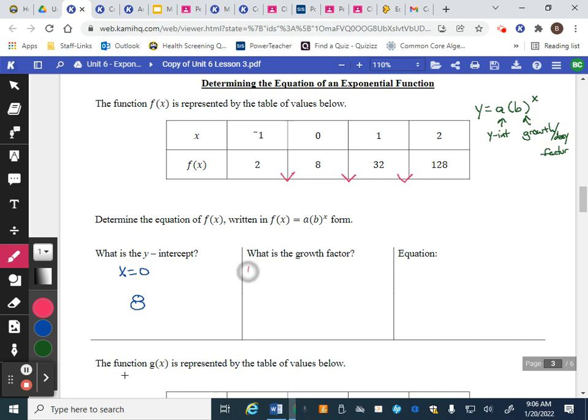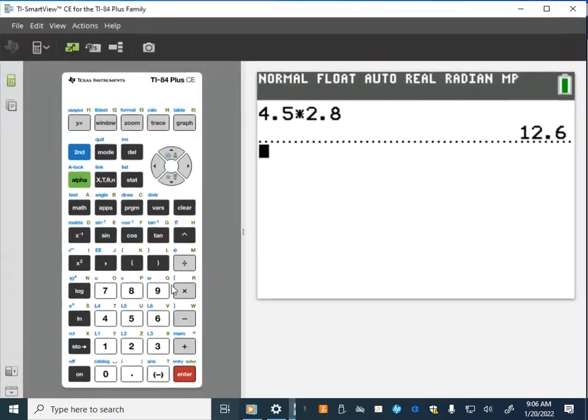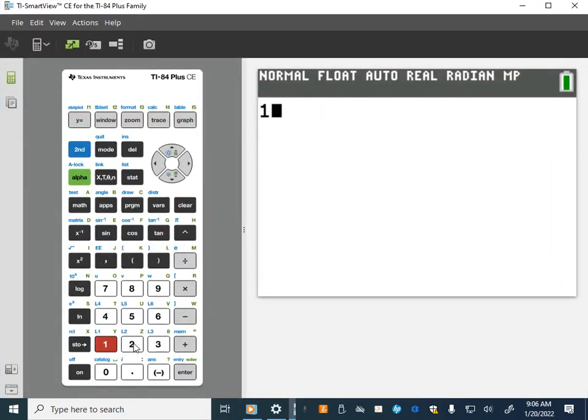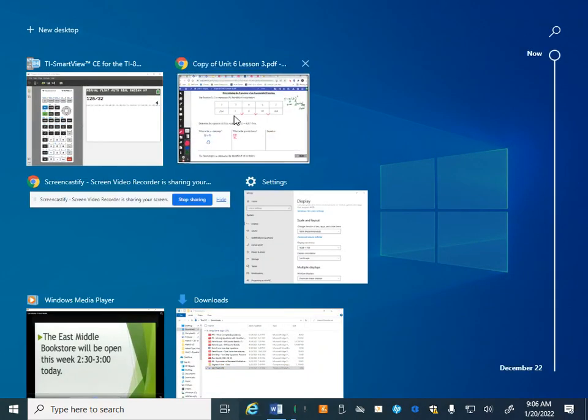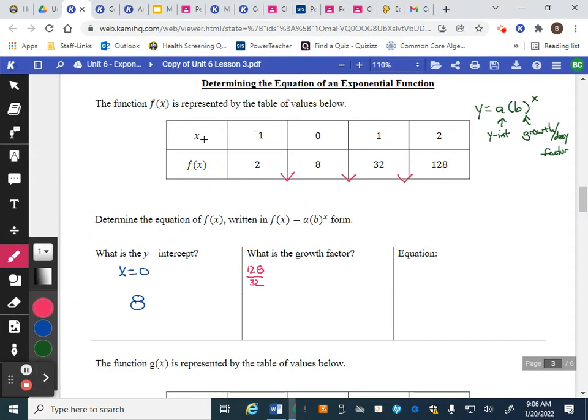So if you divide 128 by 32, we get 4. If we divide 32 by 8, we get 4.